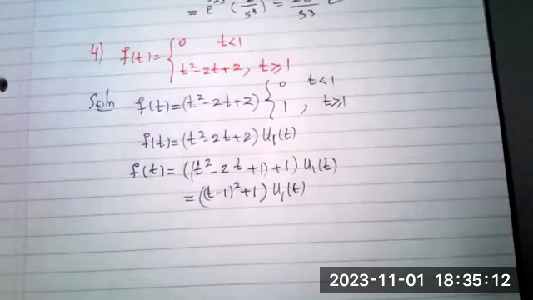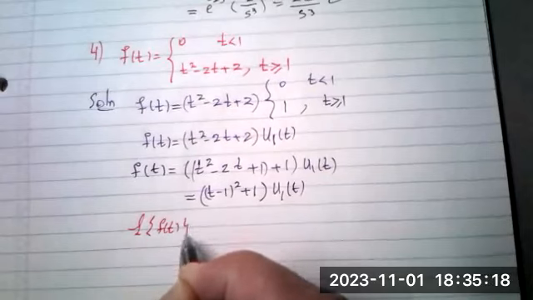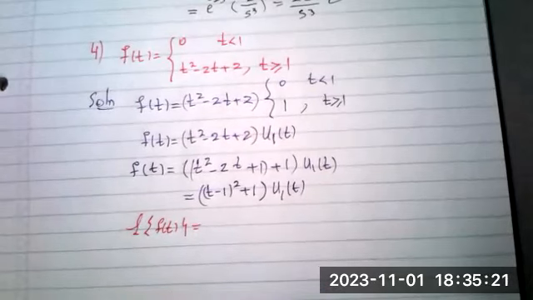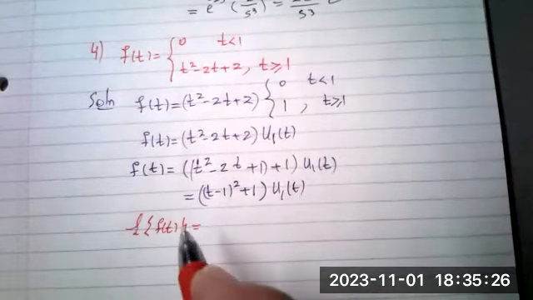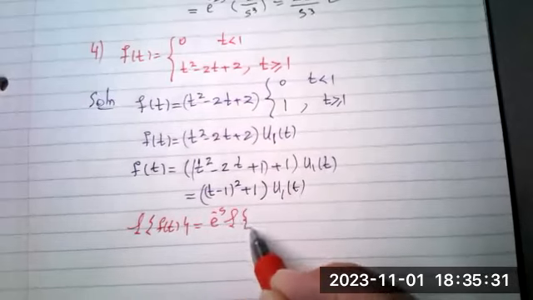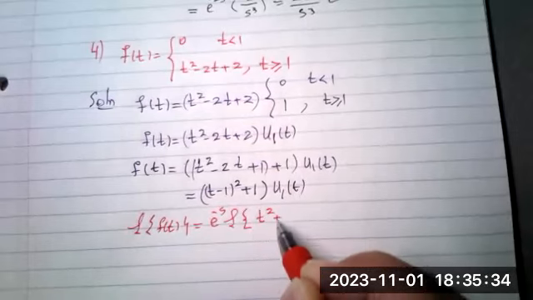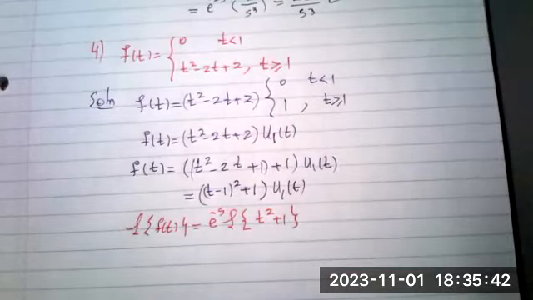So the Laplace is going to be what? I write it down so you know what's going on. For this one is going to be e to, no, this is u1. e to the negative s, Laplace of the function t squared plus 1. Your function is t squared plus 1, that you change the t to t minus 1, you get (t minus 1) squared plus 1. So that is your function. Now we can find the Laplace of t squared plus the Laplace of 1.